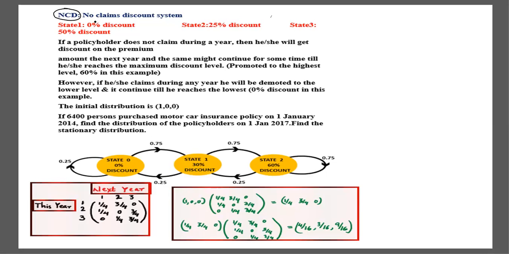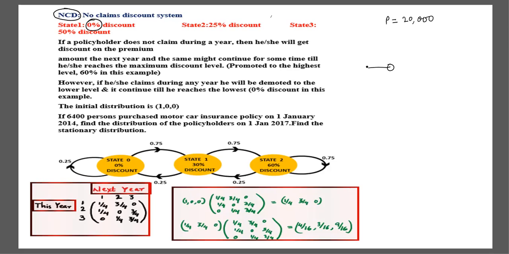In insurance, the first time you have to pay the whole premium. You get no discount. If you have purchased a car recently, you must have paid full premium. Suppose it's 20,000 for 1 year, you pay full premium 20,000.